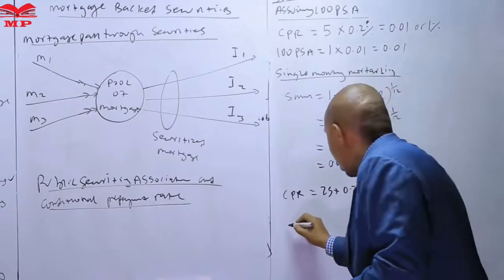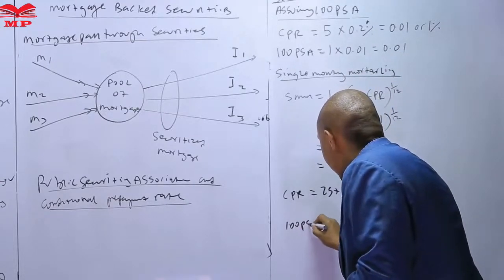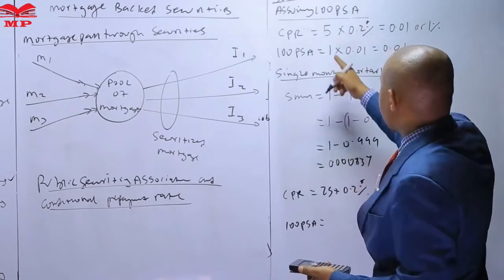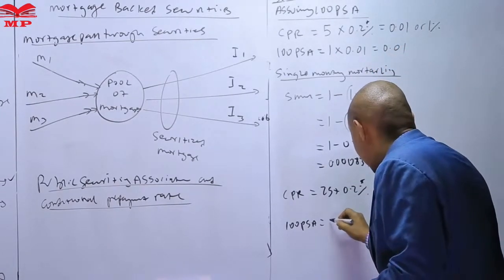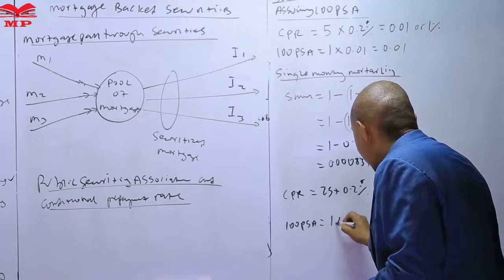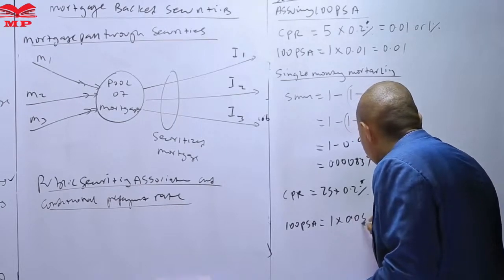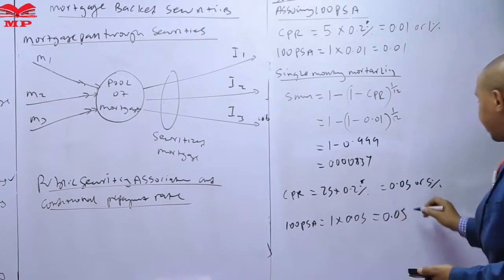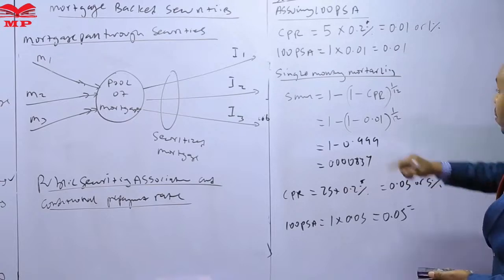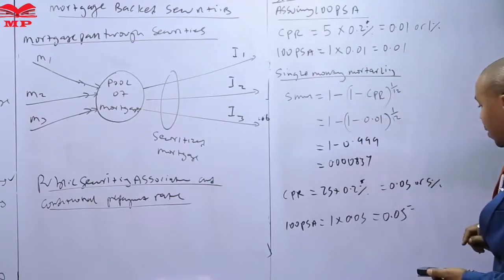Then we continue. 100 PSA is the same as 1 times the previous value, so 1 times 0.05, which is 0.05. Now this is the Public Securities Association 100 PSA.